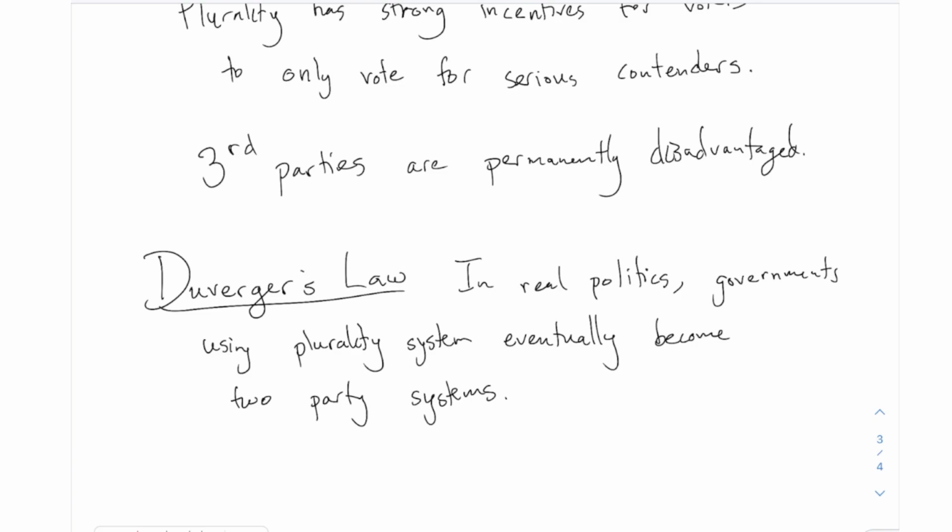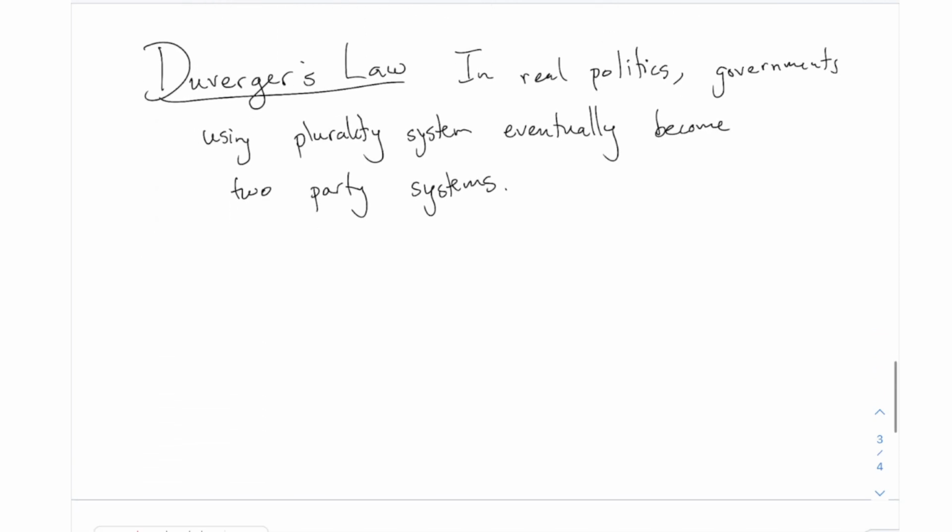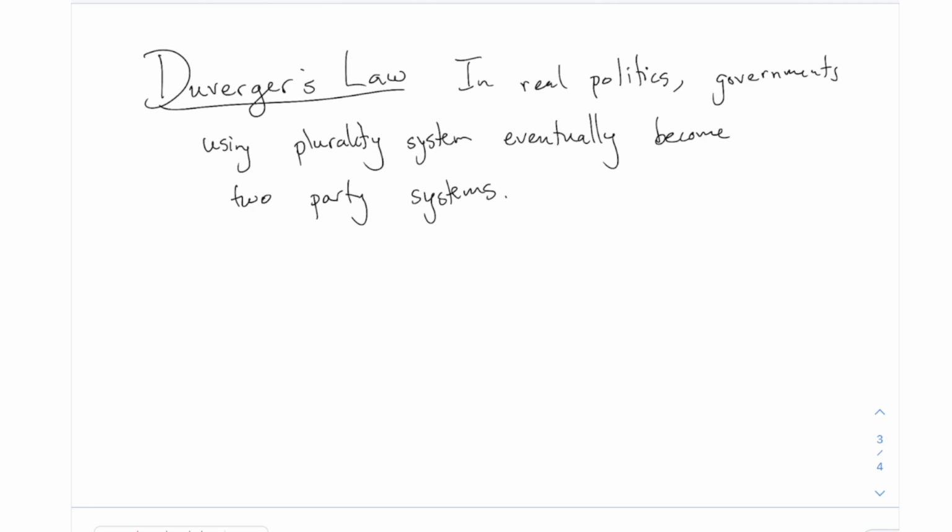A lot of people talk about how our big problem in America is that we have the two parties and they don't agree, and so nothing can get done. And they shrug their shoulders. Yeah, we've got the two parties, but what are you going to do about it? Well, it's because of the plurality system. This is what I think a lot of people don't realize. It's because of the plurality system that the two parties are entrenched.